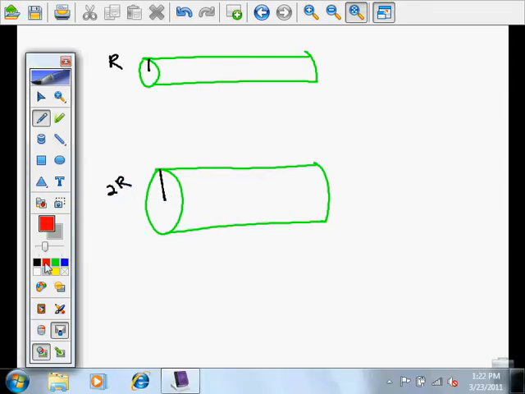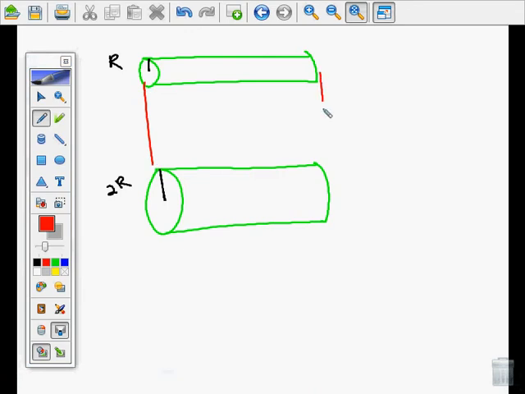And let's assume that the length of these two wires are the same, and that it's the same material. So how would the overall resistance of the lower wire compare to the upper wire?